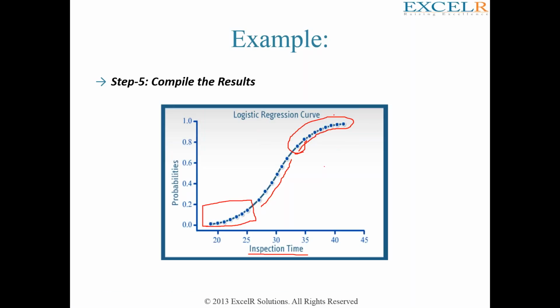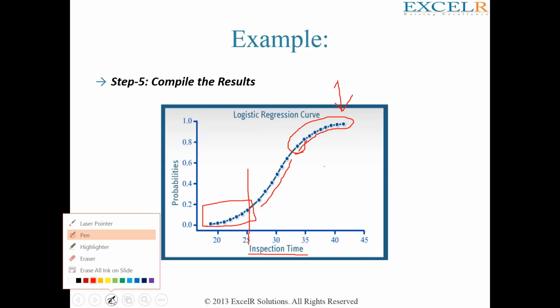So hope this is clear. Only after you keep spending some significant time on your inspection, your probability of detecting a defect would increase. And towards the peak, no matter how much more time you spend, the chances of you detecting a defect would still remain the same. That is what your sigmoid curve says, or any naturally occurring thing.